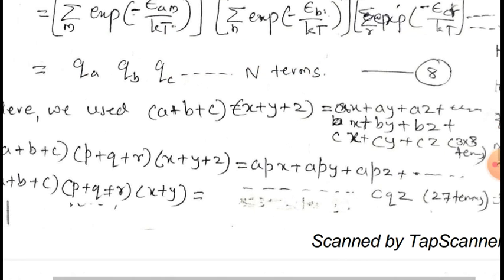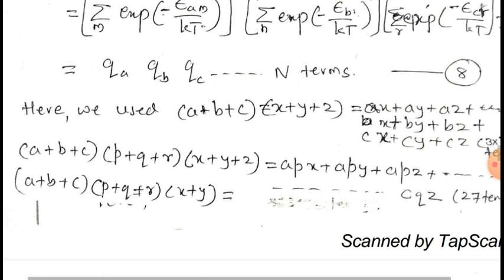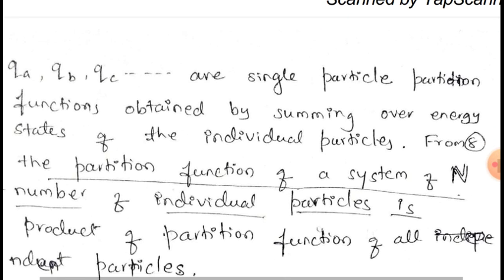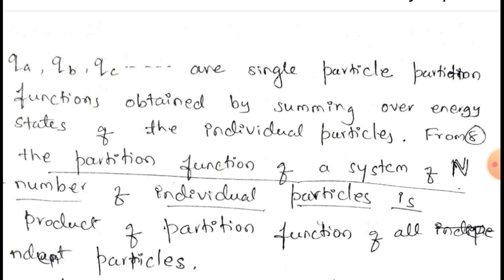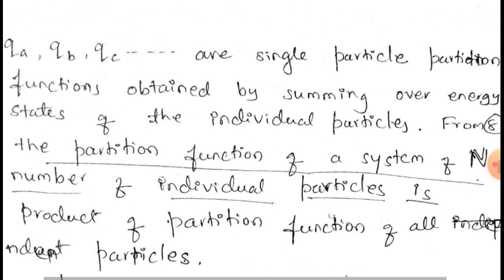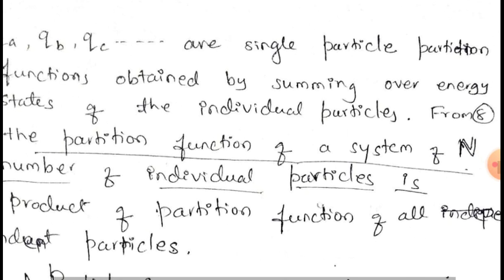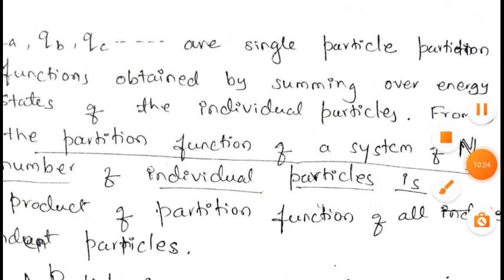There are capital N number of terms. And here QA, QB, QC are single particle partition functions obtained by summing over the energy states of individual particles.